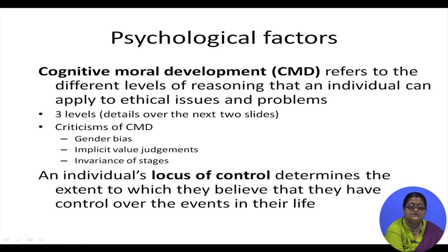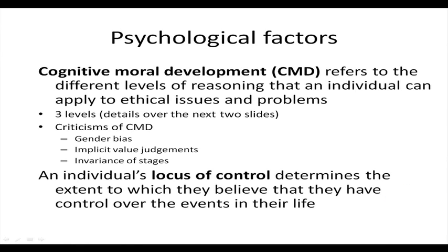We will be discussing that in the next upcoming discussion, and it has 3 levels: pre-conventional, conventional and post-conventional levels. There have been some criticisms regarding it, majorly regarding gender bias, because Kohlberg's research was done mainly on male decision makers and not on female decision makers.